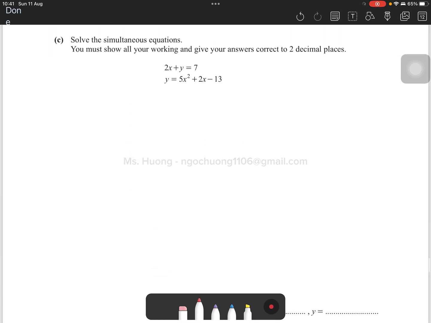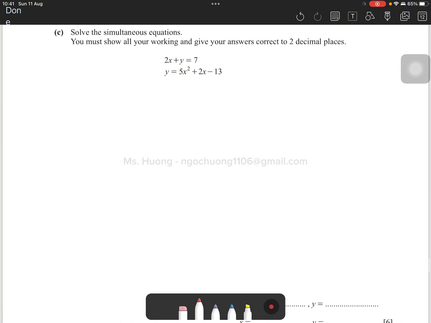C. Solve the simultaneous equations. You must show your working and give your answer correct to 2 decimal places. From the second equation, we know that y is equal to 5x squared plus 2x minus 13. So we substitute this into the y in the first equation.